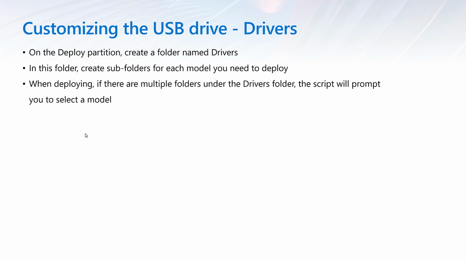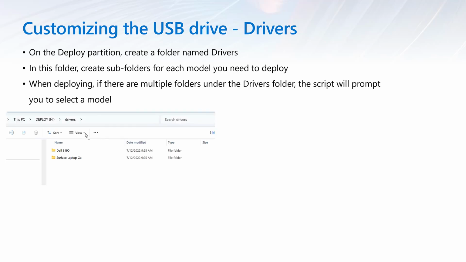Inside, put the model. When deploying, if we find that there are multiple folders under the drivers folder, let's say you had a Lenovo 300W and a Lenovo 500W, so two different folders underneath the drivers folder, the script is going to prompt you to select which model.